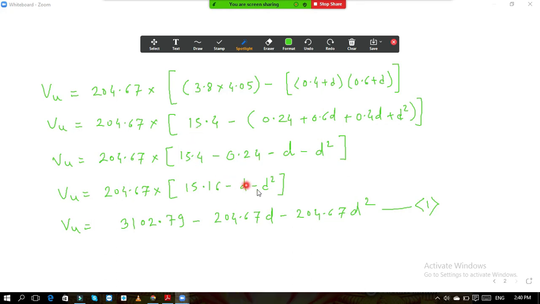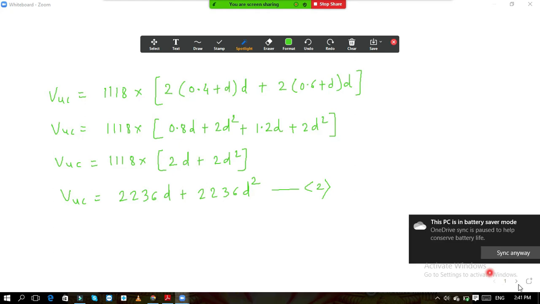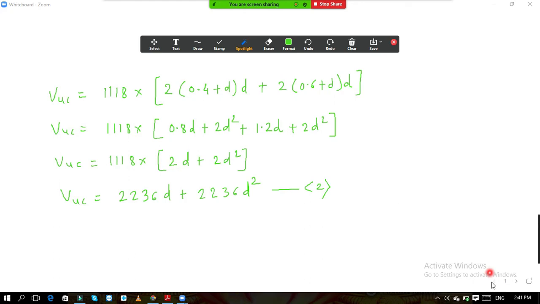Okay. Now equate these two equations. Equate these two equations to calculate the value of depth. Okay.